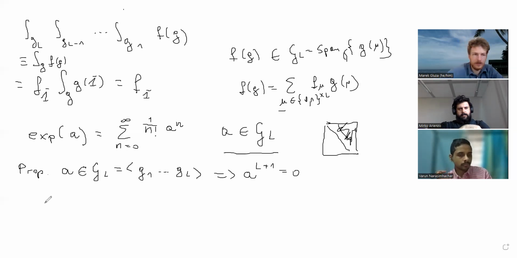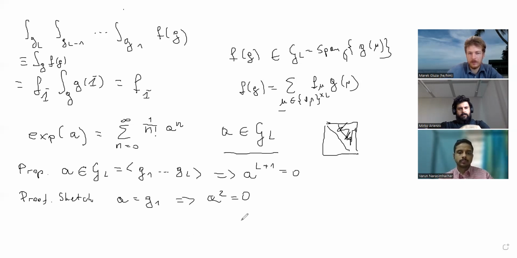And that's a simple calculation, so maybe we do a proof sketch first of all. Let's say a is equal to g_1. Then a squared is equal to 0 already. So in particular, 2 is smaller than L plus 1, because I have at least one Grassmann number, smaller or equal than L.